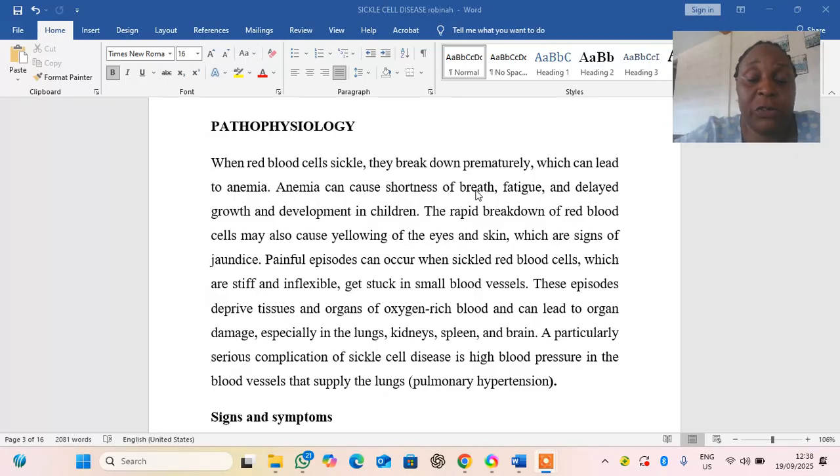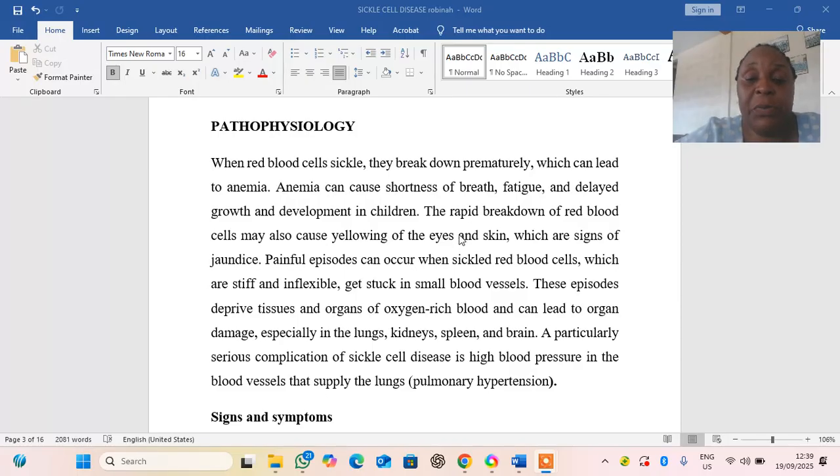Therefore, this person will not have enough oxygen levels, and due to that, this person will try to breathe faster in order to compensate for the gap of oxygen. When I talk of fatigue, just because a person is having anemia and lack of oxygen, of course this person will be fatigued. And in children, it will lead to delayed growth and development.